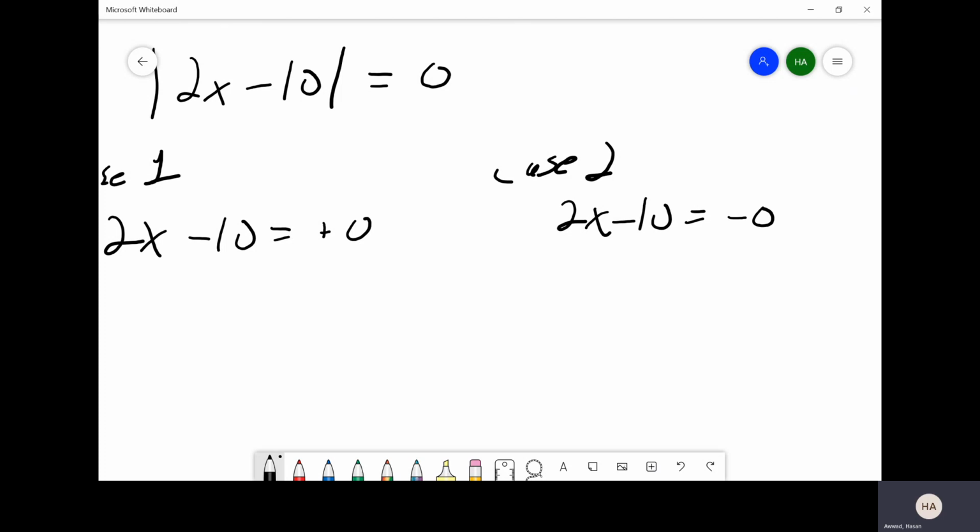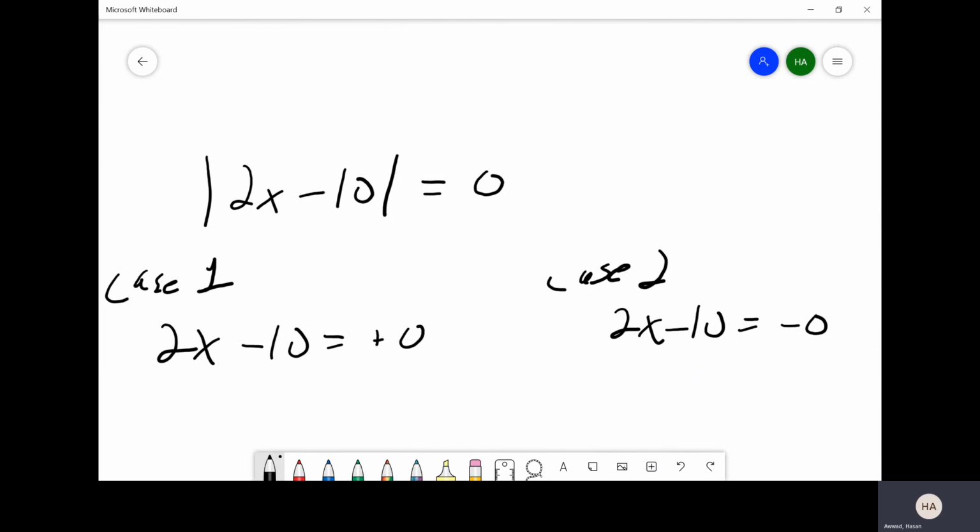So we really only have one case. And this is a special situation that can arise when you have an absolute value on one side and 0 on the other. In all other situations, you would have to have two cases because you'd have to have the positive version of the right side and the negative version of the right side. But in this case, because we have a 0, we really only have just the one case because it's repetitive.